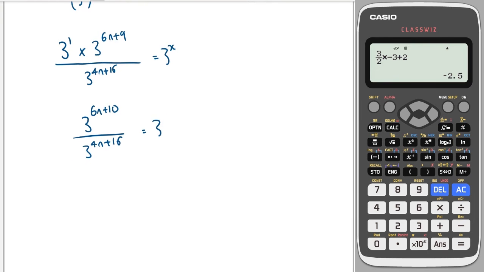So subtracting these is going to give me a 2n, and a 10 minus a 16 is a minus 6, is equal to 3 to the x. And now because both sides are 3 to the power of something, these two somethings must be the same. So we can say that x is equal to 2n minus 6. And we are done.